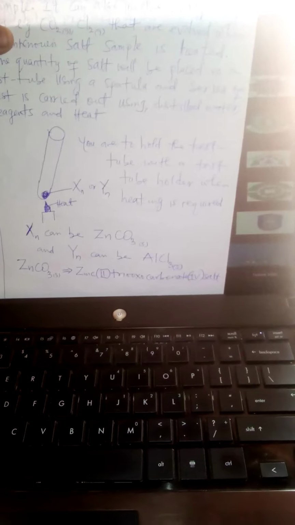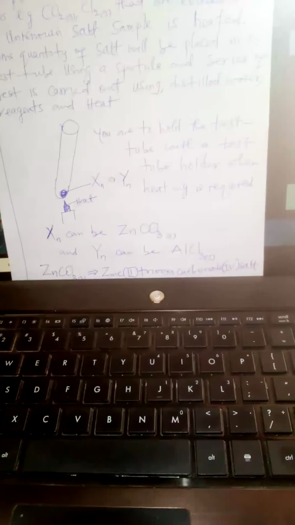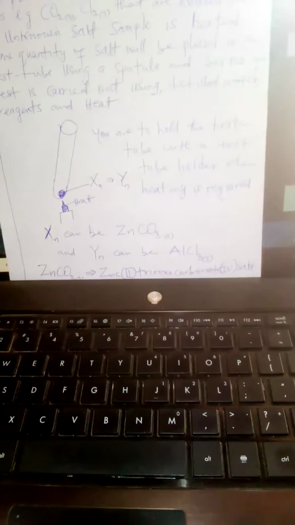So zinc carbonate, ZnCO3, and aluminium chloride, AlCl3. I believe you can see it clearly.